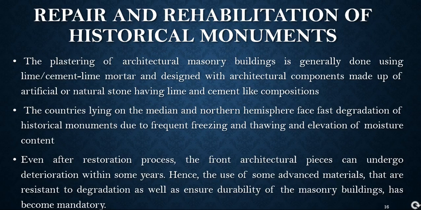But the countries which lie in the median or northern hemisphere are subjected to fast deterioration due to the freeze and thaw cycle and the elevation of moisture content. Even if restoration is done on these monuments, the front architectural pieces may deteriorate within some years. So, instead of using the conventional methods, some advanced materials are required.